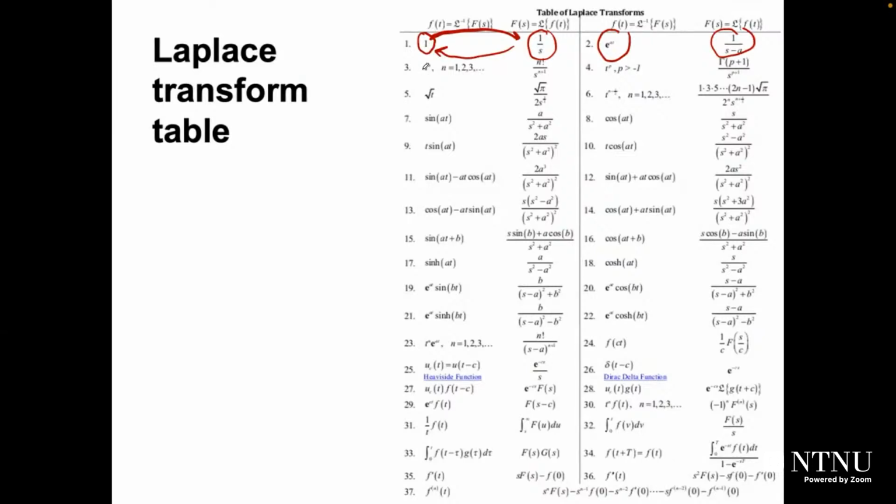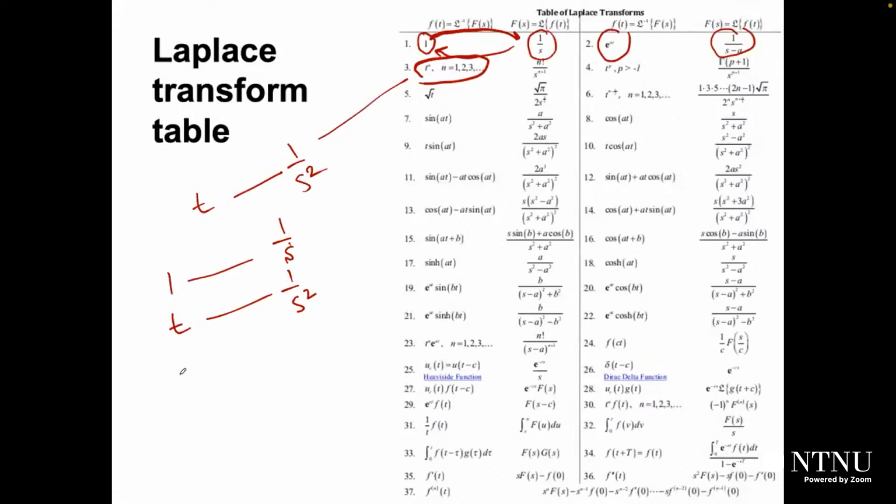Maybe also that part is important. When it's t, it will be 1 divided by s squared. So t should be converted into 1 divided by s squared. So we can say that when the input is 1, it will be 1 divided by s. When it's t, it will be 1 divided by s squared, and so on, right?